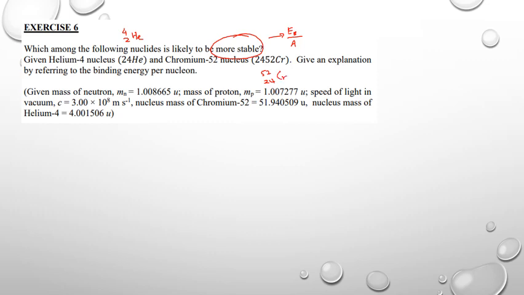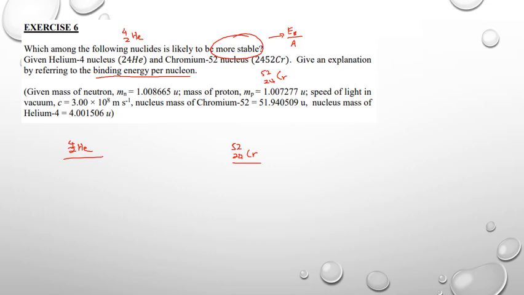Give an explanation by referring to the binding energy per nucleon. Obviously, it wants you to do the calculation because it asks you to refer to the binding energy per nucleon for these two nuclei. So what are you going to do? Basically, you just have to do the calculation for 4,2 helium, and then repeat the calculation for 52,24 chromium.